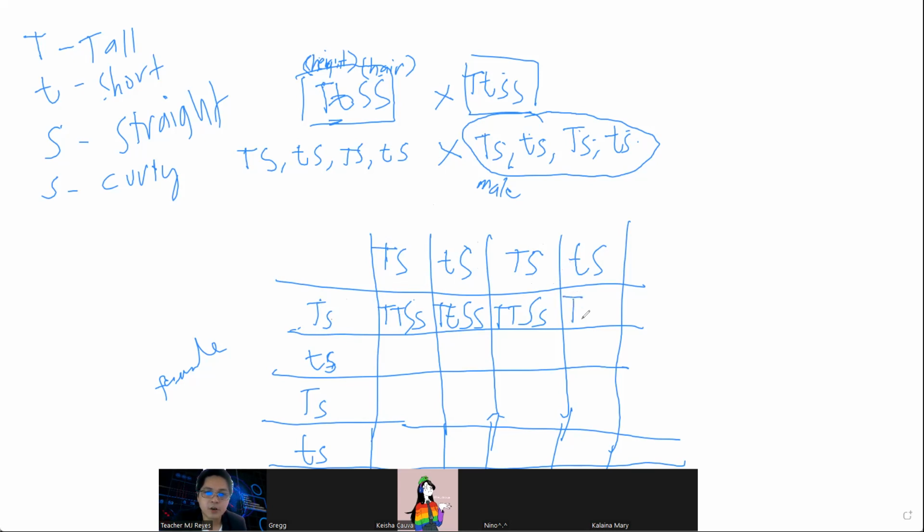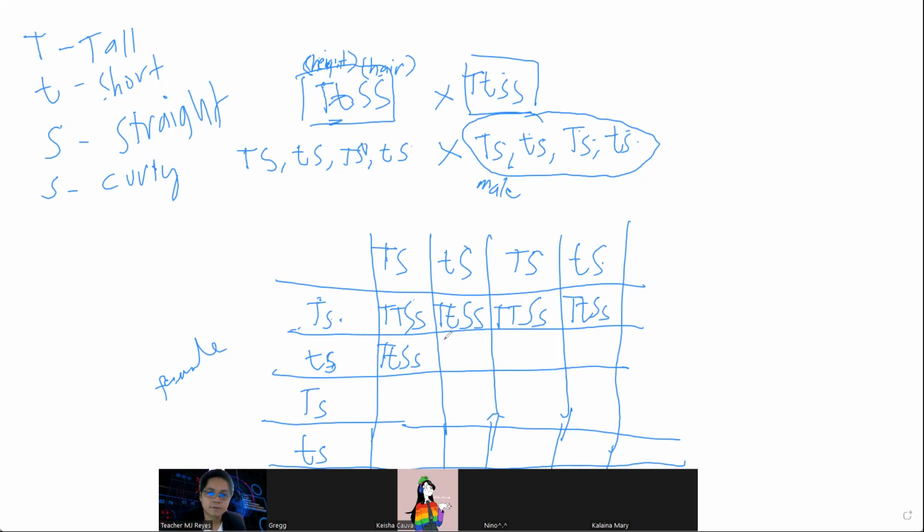We have homozygous tall to a homozygous straight. How about in the next quadrant? We have heterozygous tall to a heterozygous straight. Remember that these are capital letters. So these are dominant alleles.